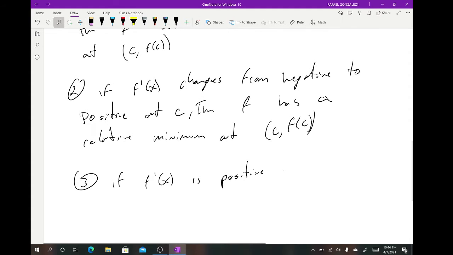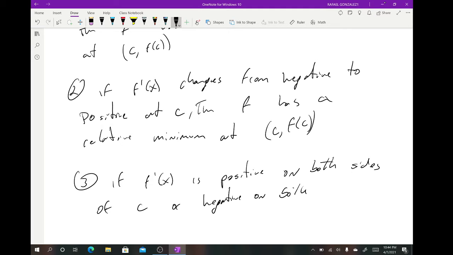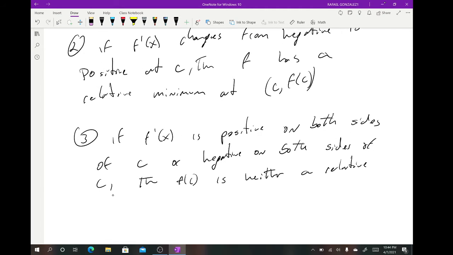If the derivative of f is positive on both sides of C, or negative on both sides of C, then f of C is neither a relative max nor a relative min.